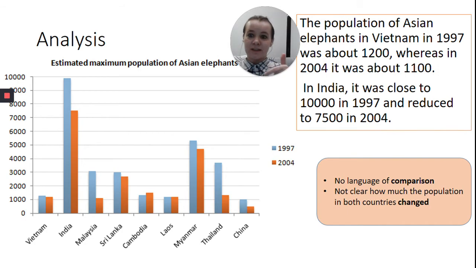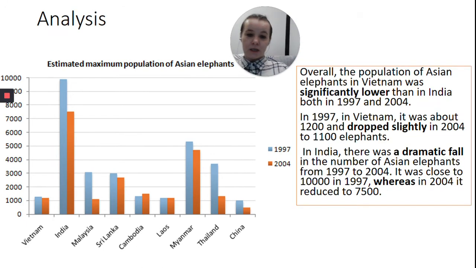So you can compare the values overall. You can see that obviously in both years, Vietnam has much lower, or had much lower, population of elephants, much smaller population compared to India. So you can use language like significantly lower overall, right?